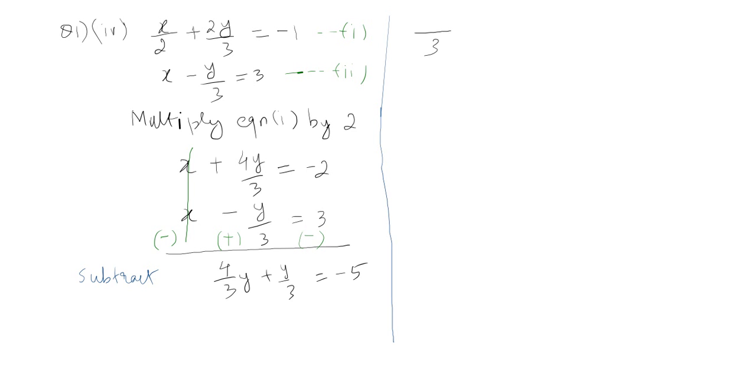So y is equal to minus 5 into 3 by 5. So 5 cancels, and you have minus 3. So y is minus 3.